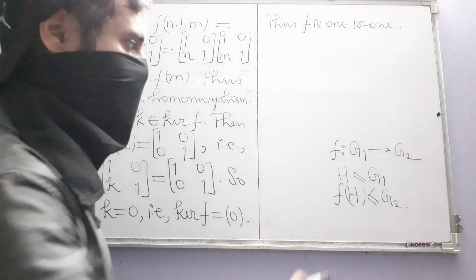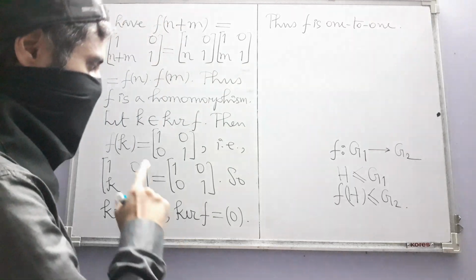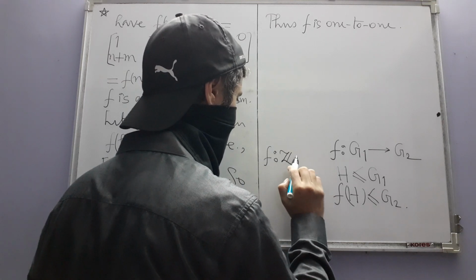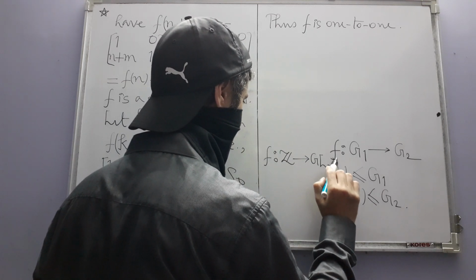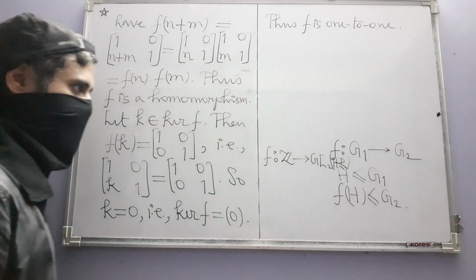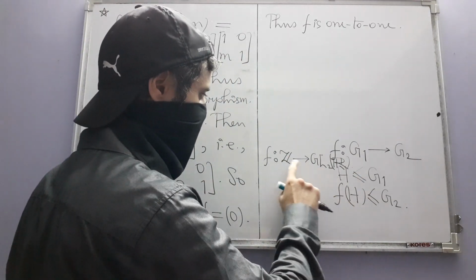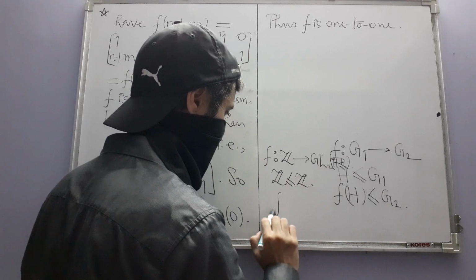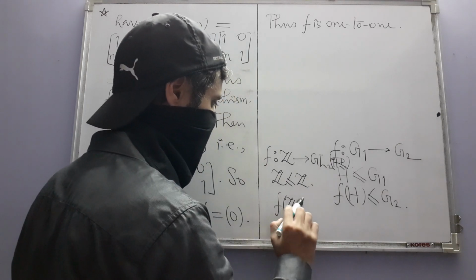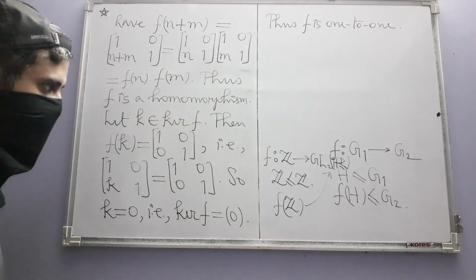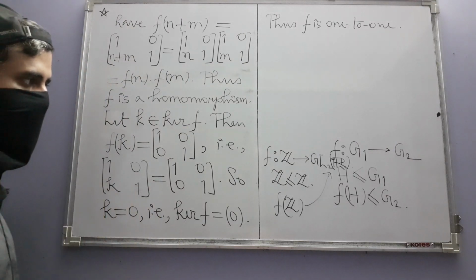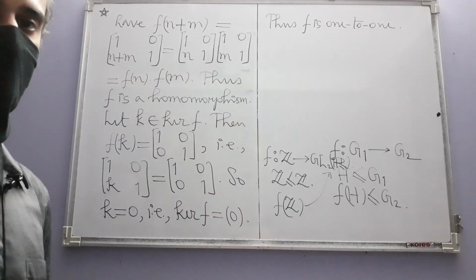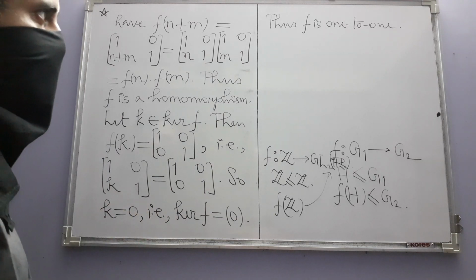This is a consequence of having a homomorphism like that. In our case, for the subgroup H, we can consider Z itself because it's a subgroup of itself. So, f of Z should be a subgroup of the general linear group, and the way we have defined f, clearly f of Z is nothing but that set of such matrices that is mentioned in the exercise.